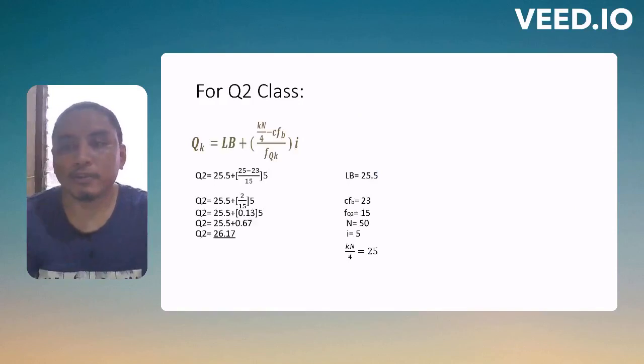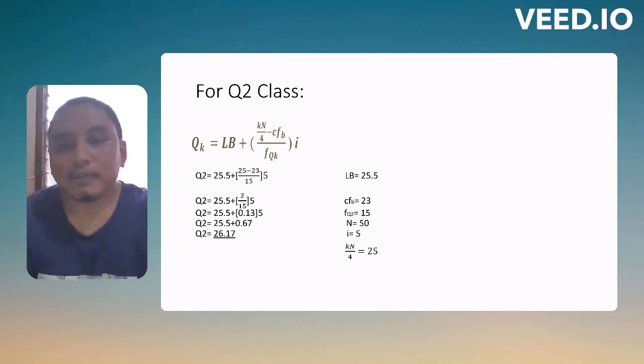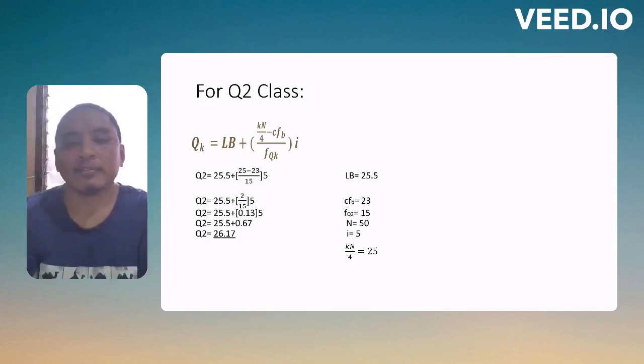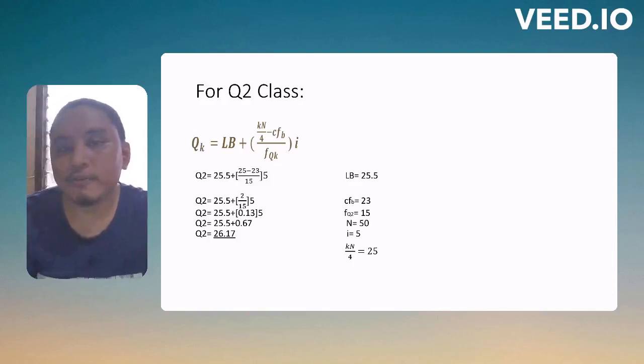This is for the Q2. Q2 class is equal to Qk equals Lb plus Kn over 4 minus CFB over FQk multiplied by I. So Q2, substitute the lower boundary 25.5 plus the Kn over 4 value, which is 25, minus the CFB value, which is 23, over 15, then multiply it by the interval 5.